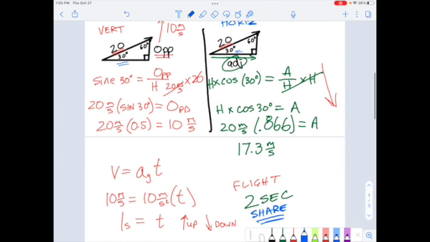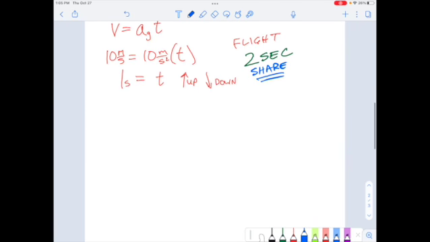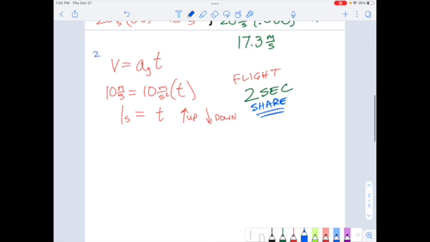And so part 3, we're combining this with green, 2 seconds of flight time. Our formula is speed is distance over time.